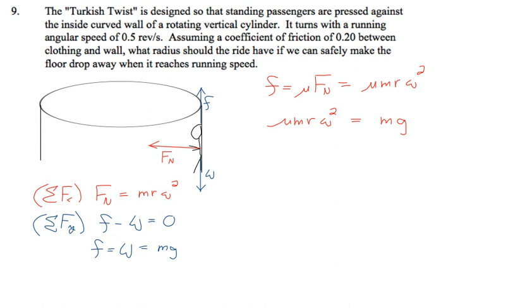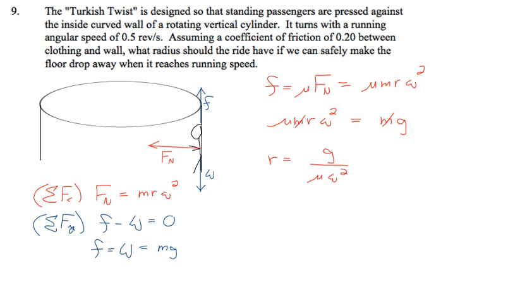And what can I cancel from both sides? M. And the unknown in the problem is r, so I'm going to rearrange this equation to solve for r. I just need to move those two to the other side. So r is going to equal g divided by mu omega squared.